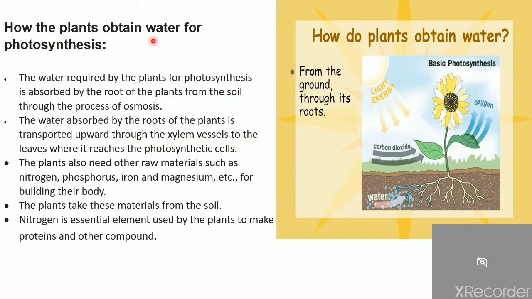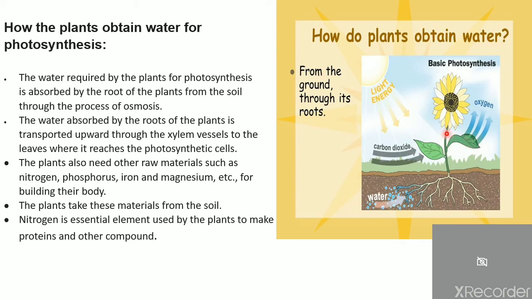That is how the plants obtain water for the process of photosynthesis. Now, you can see in the diagram, water is being absorbed by what? By the root, and through the root it travels through the stem and reaches what? The leaves, each and every part of the leaves where the process of photosynthesis takes place.